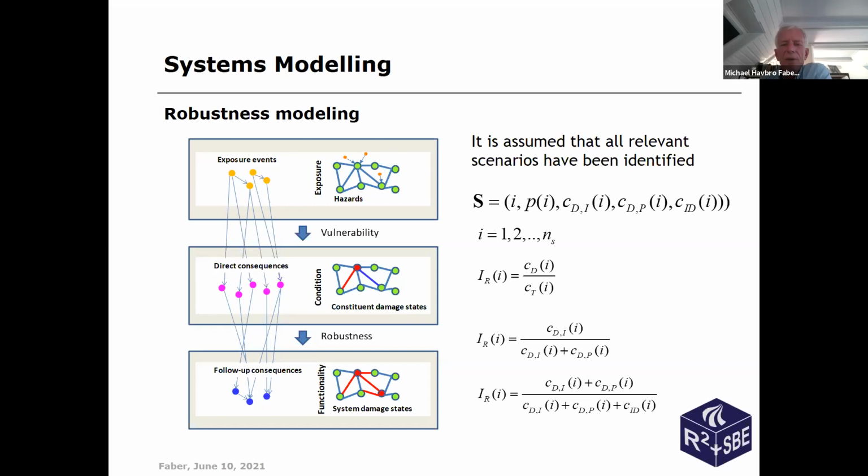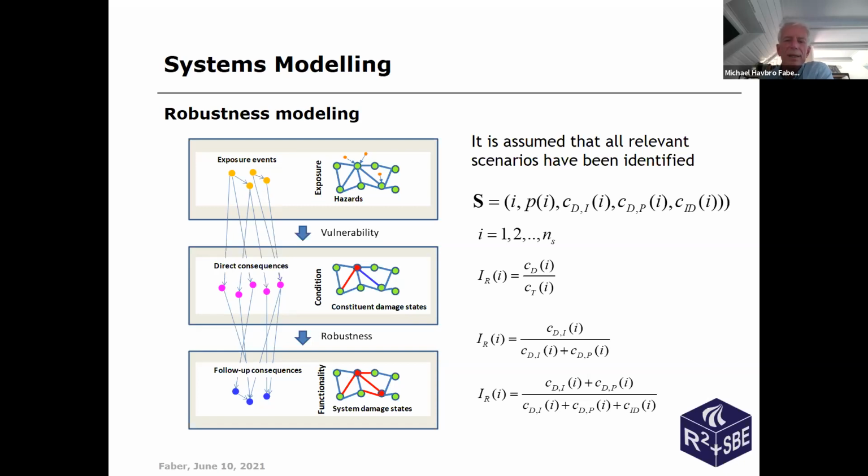But in the end, we will end up with a probabilistic system model where, for each of the scenarios leading to consequences, we have their probabilities of occurrence, and we have the direct and the indirect consequences associated with the scenarios.